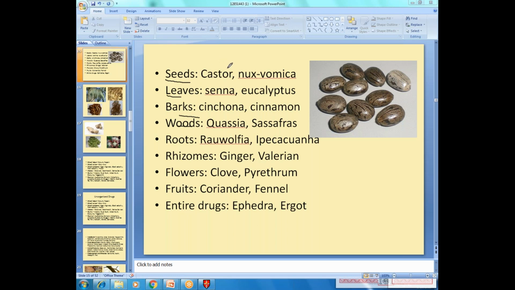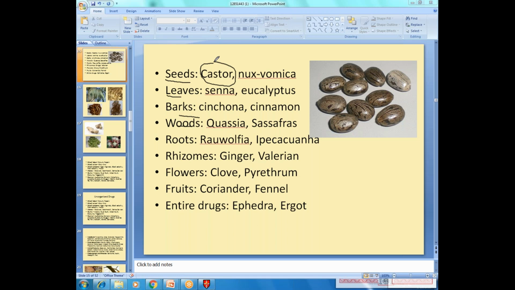It is a big plant, but we use only the castor seeds. That's why in the morphological classification, castor comes under seed. It's a plant, but we consider that the pharmacognostical or chemical constituents are present only in the seeds.